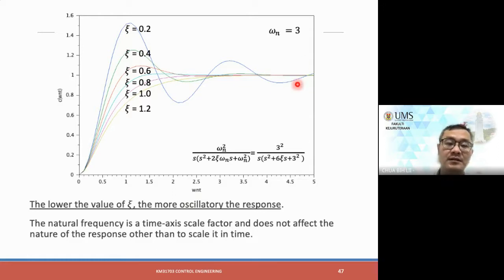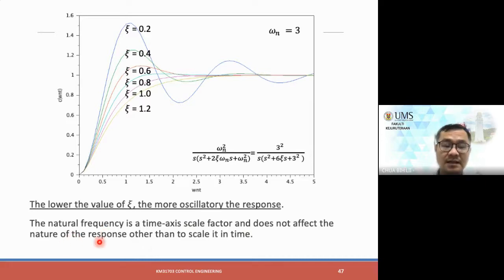Here I simulated this based on a natural frequency of 3. You can see that the natural frequency is the time axis scale factor and does not affect the natural response.